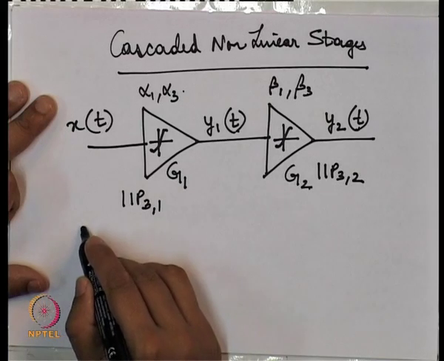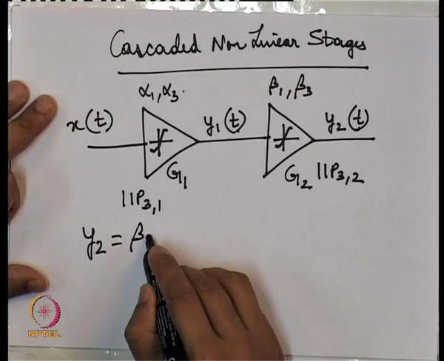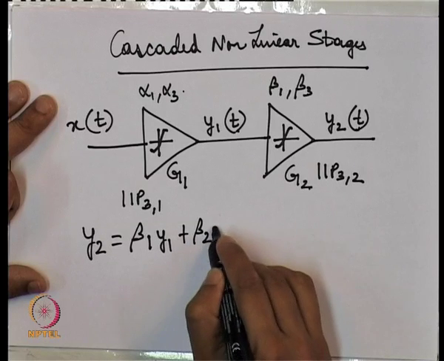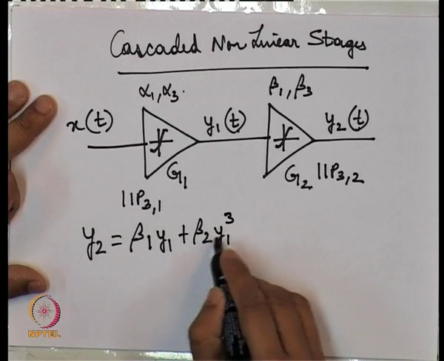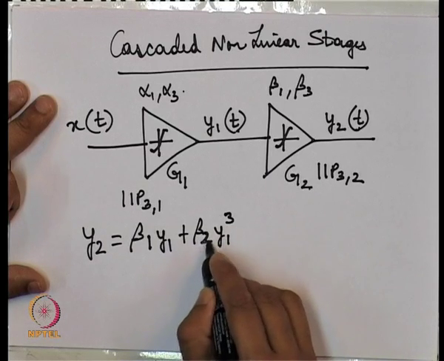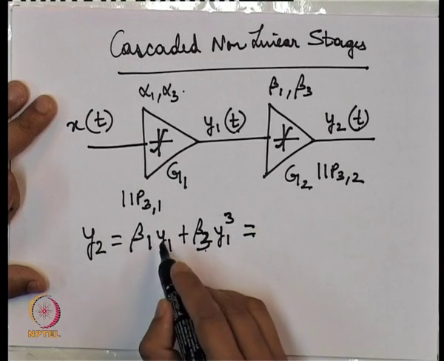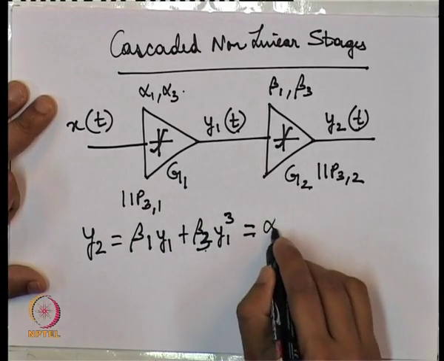So you have y2 is equal to beta 1 times y1 plus beta 2 times y1 squared plus beta 3 times y1 cube. Now, if I further write the relationship between y1 and x, then the relationship comes out like this.